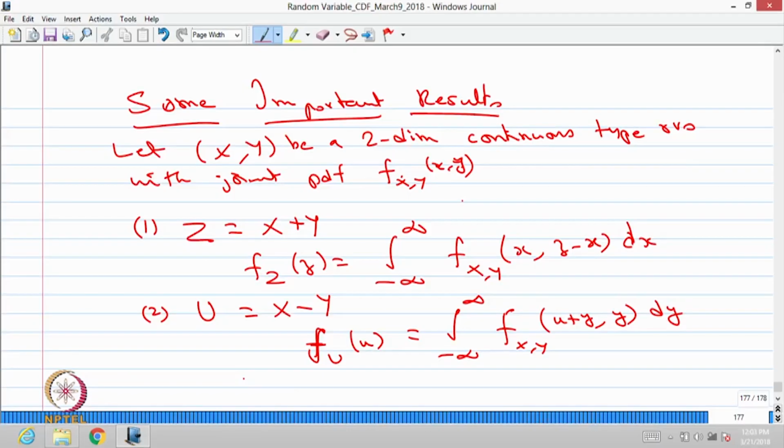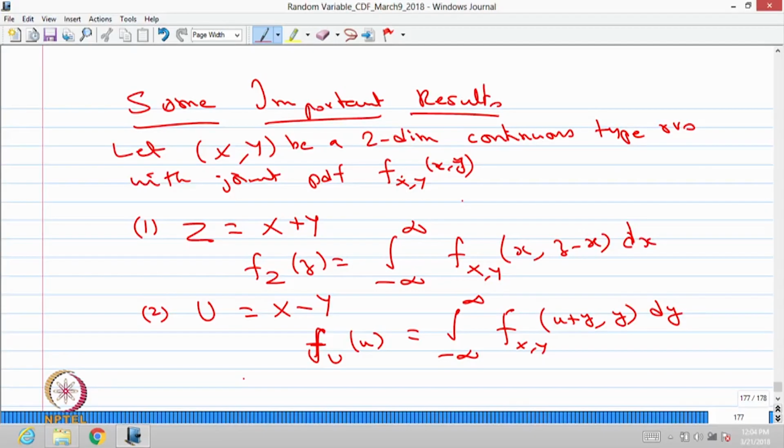So here we started with the 2-dimensional random variable. We are finding the probability density function of random variable z. You can apply the previous theorem by introducing one dummy random variable. Dummy means you can create any random variable along with z is x plus y in such a way that both the assumptions are satisfied and the Jacobian is non-zero.